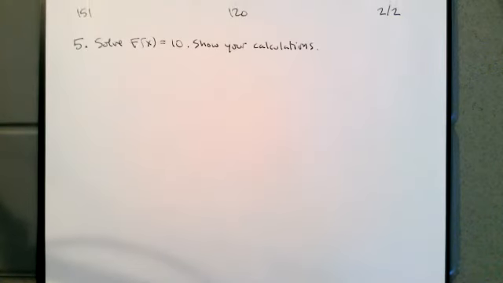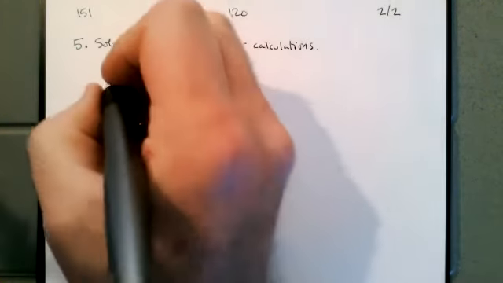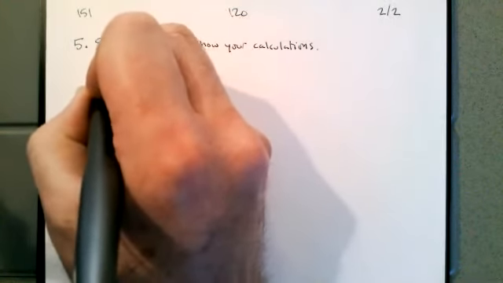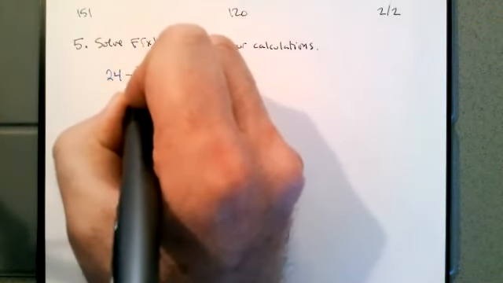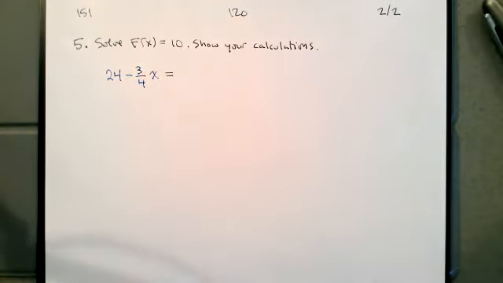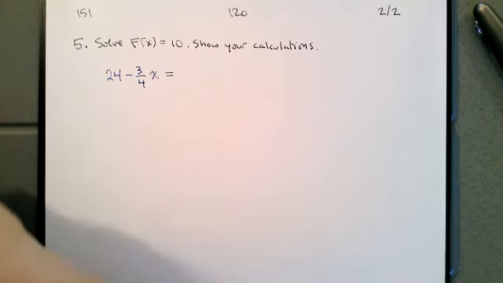So here, we're just going to be solving an equation. So I'm going to take f of x and write the equation that I have for f of x. F of x is 24 minus 3/4 of x. I'm going to set this equal to 10. Now the 10 is appearing on the other side.